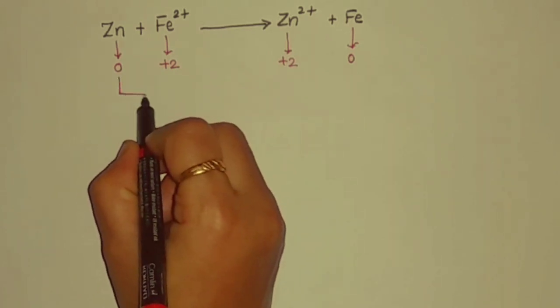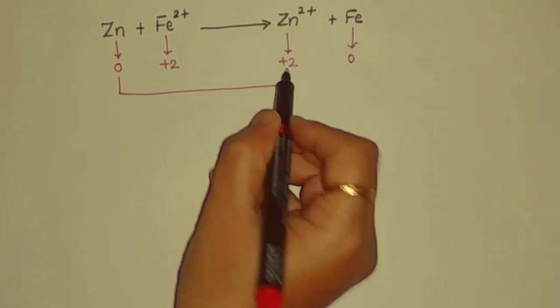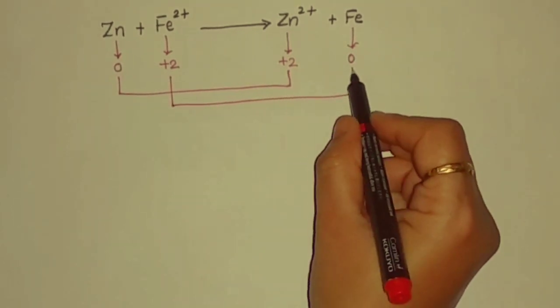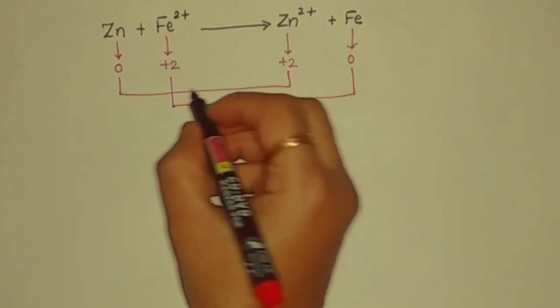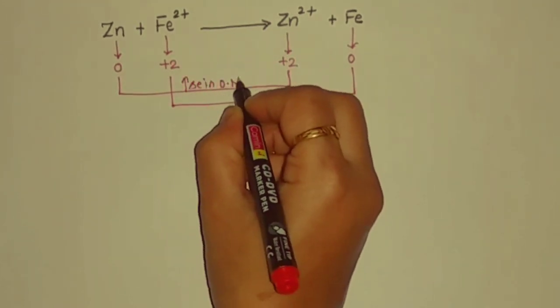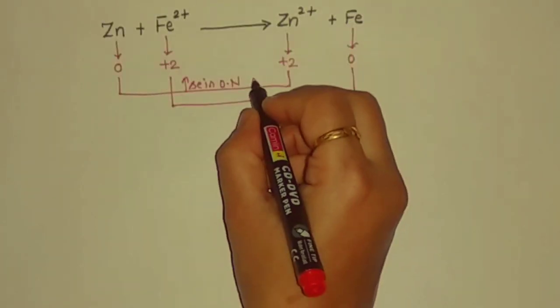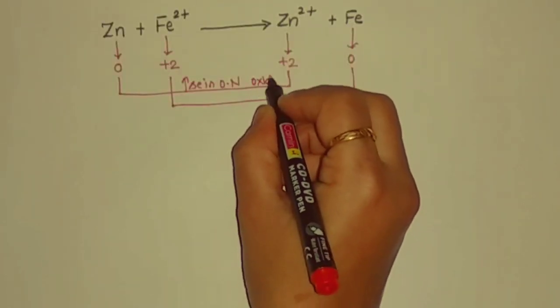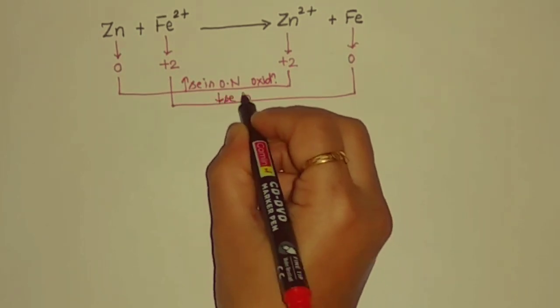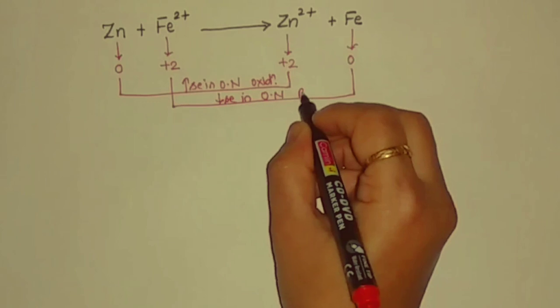Over here, the oxidation number of zinc increases from 0 to plus 2 and that of iron decreases from plus 2 to 0. So we can say that an increase in oxidation number is oxidation and a decrease in oxidation number is reduction.